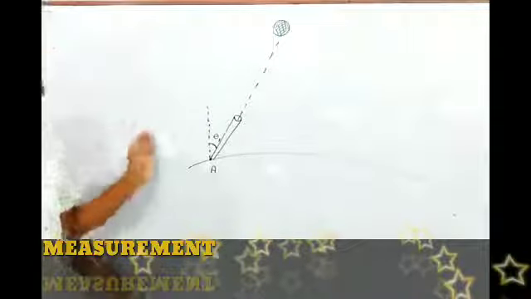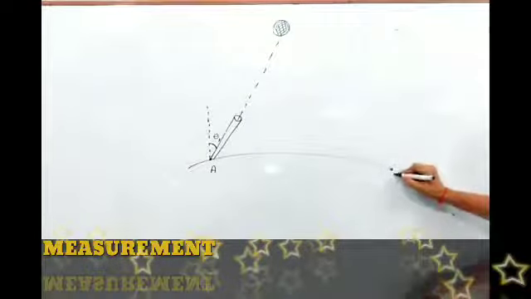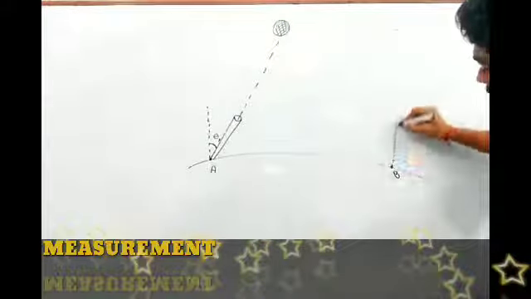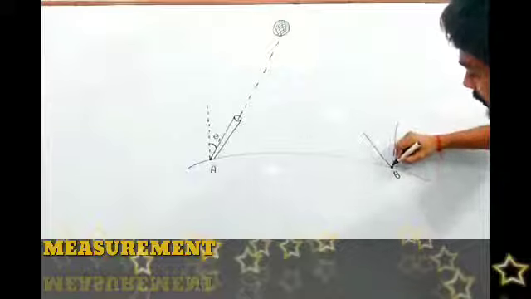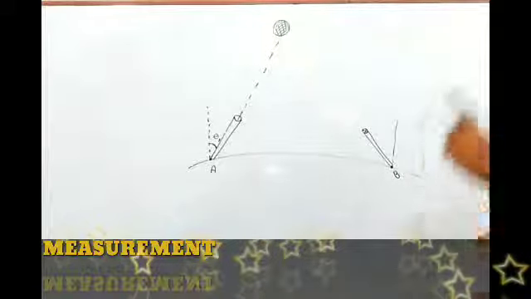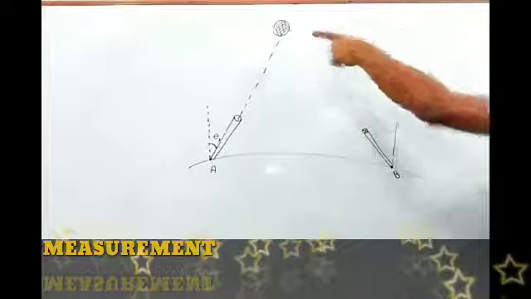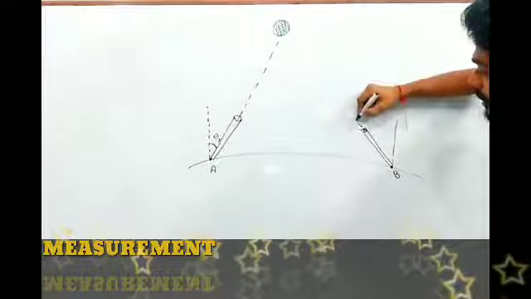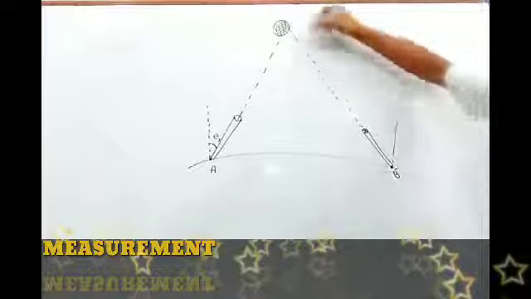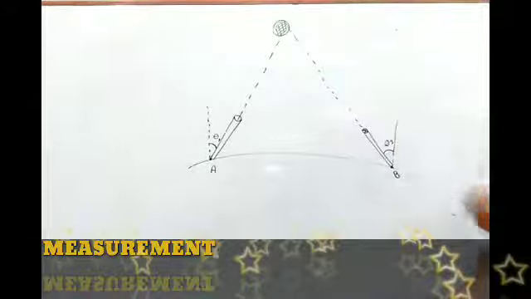Again on the earth, go to the point B. From this point B, again set your sextant. It is a simple telescope with a cross mark, and if you match this cross mark with that planet, an imaginary line is drawn from point B to the planet. Suppose this angle is theta 2.